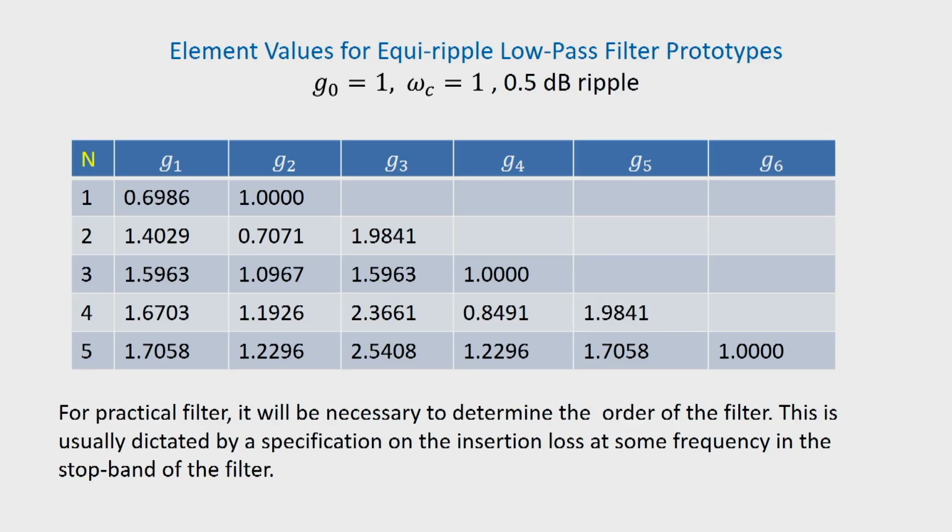So, all these impedance and frequency scaling activities are to be performed to get a low pass filter with a desired cutoff frequency. The order of the filter once again will be determined by the specified value of the insertion loss at some frequency in the stop band of the filter.